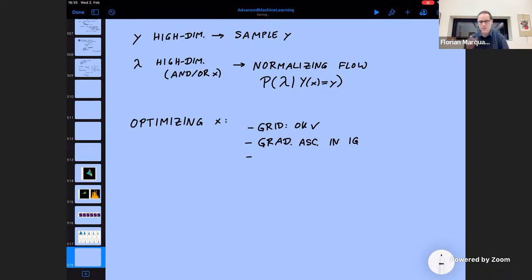Or in principle, you could also use those gradient-free optimization methods that exist that only need to evaluate a function. So these are the possibilities, but I warn you, it's quite an effort numerically. Okay. So any questions here so far?